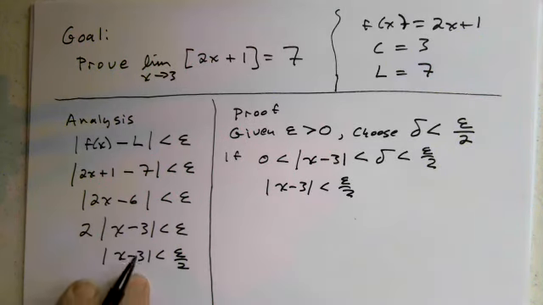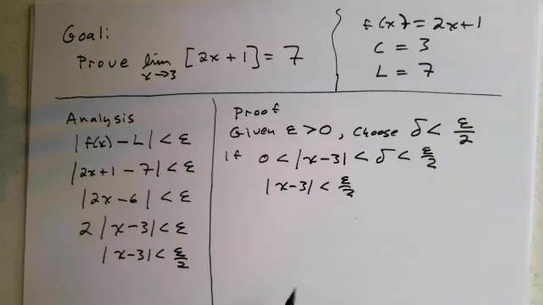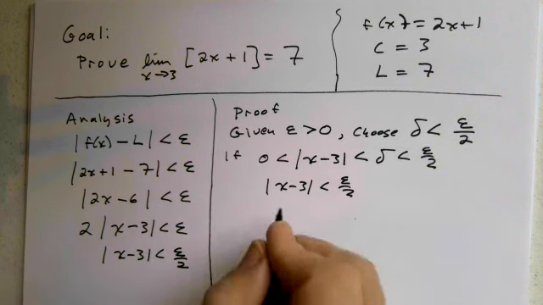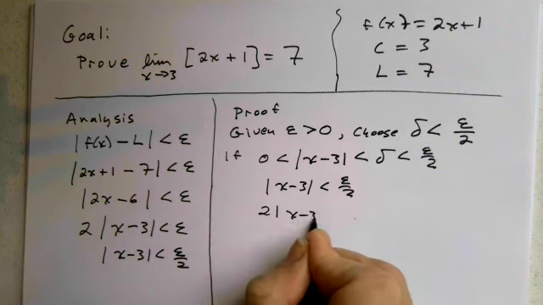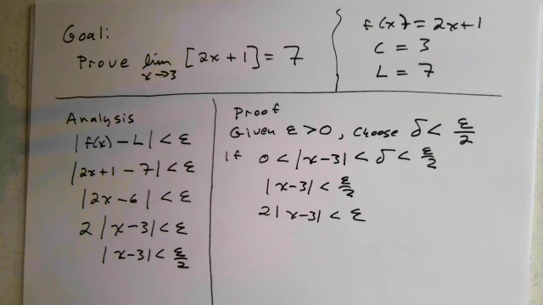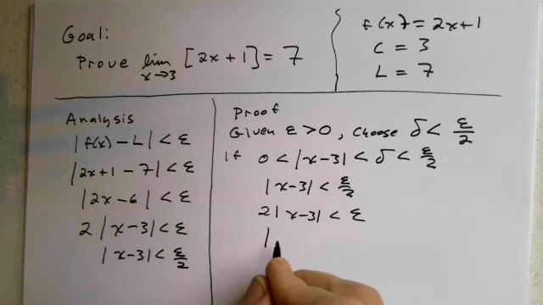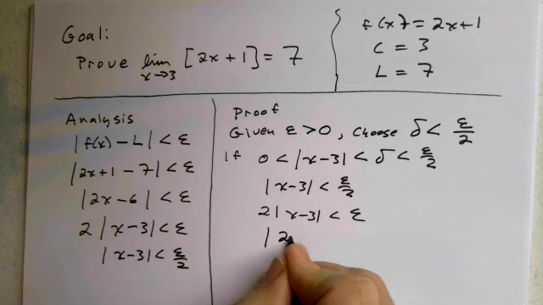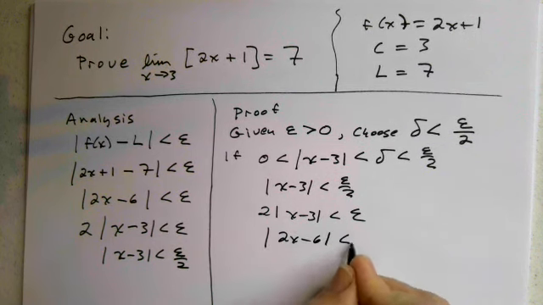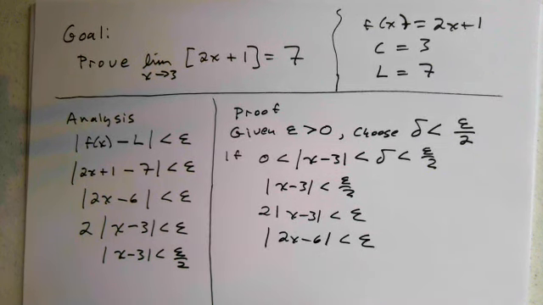And you'll see that I just work up the analysis backwards and I'll get to where I want it to be. So next line, 2 times absolute x minus 3 is less than epsilon. Beyond that, absolute 2x minus 6 is less than epsilon.